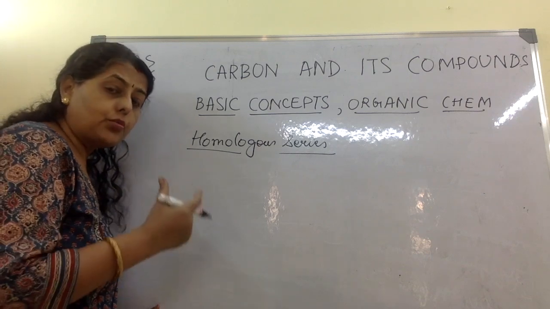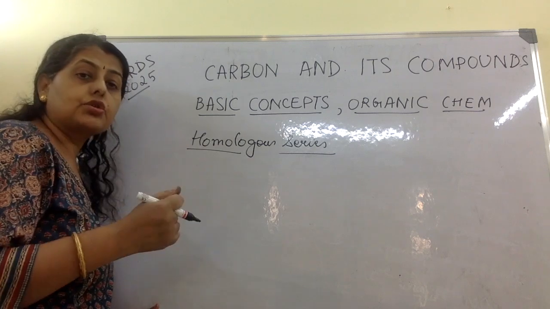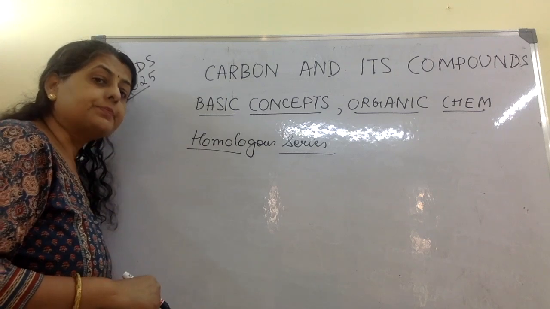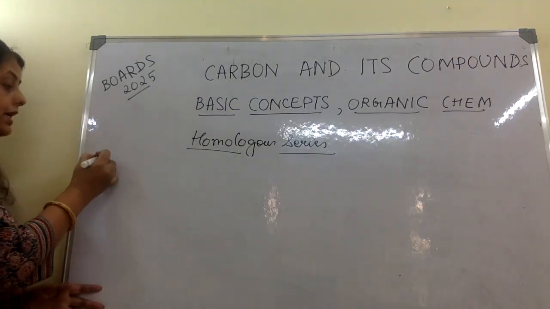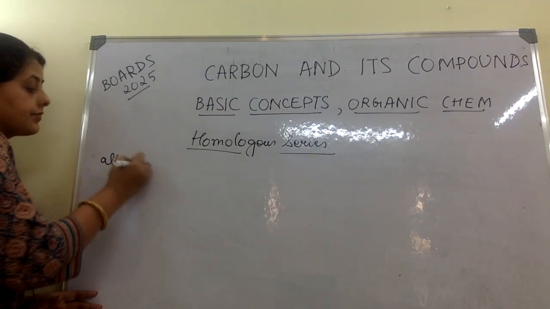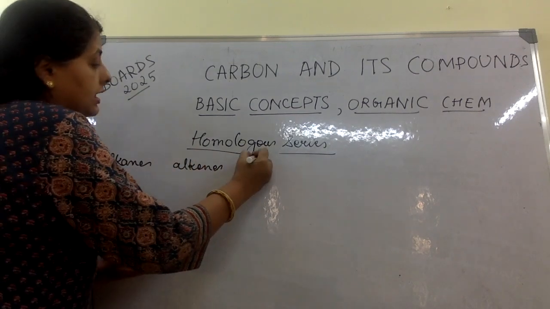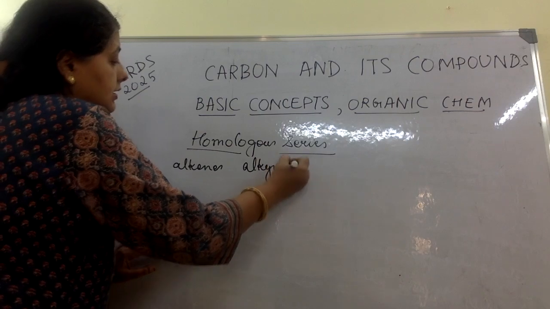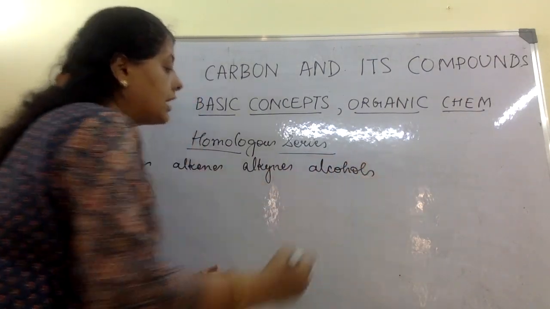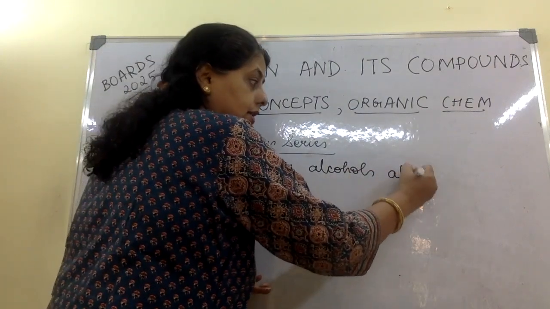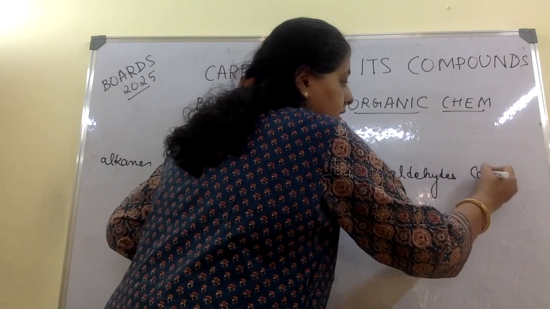Depending on their formula, depending on their bonding, and also something else which is called the functional group. So here we have alkanes, then alkenes, then alkynes, and then alcohols, aldehydes, and then carboxylic acid.